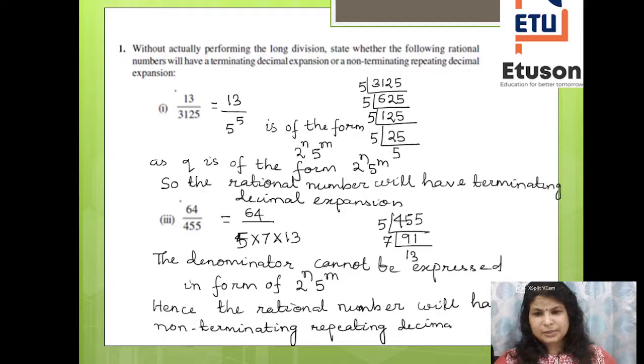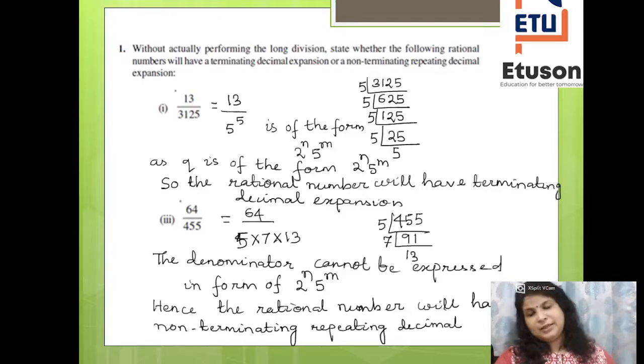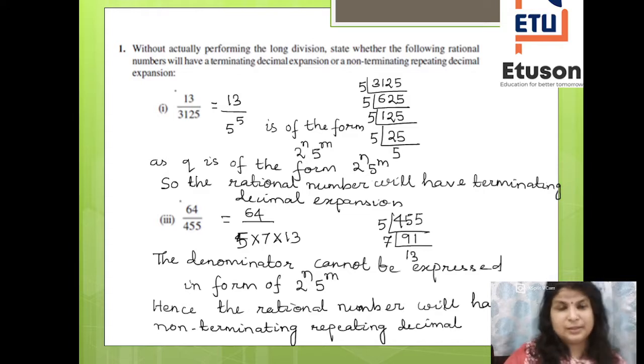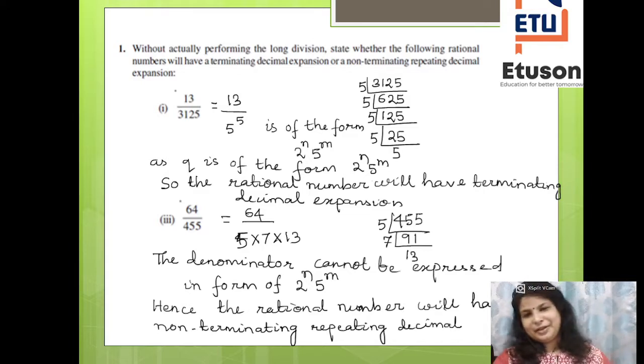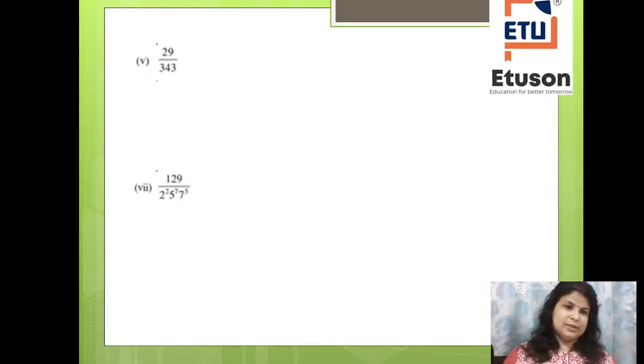Correct. So how easily, without doing any long division, just by following this trick you are finding out whether it is terminating or non-terminating. Correct or not? So now let us take the next problem, that is 29 divided by 343.